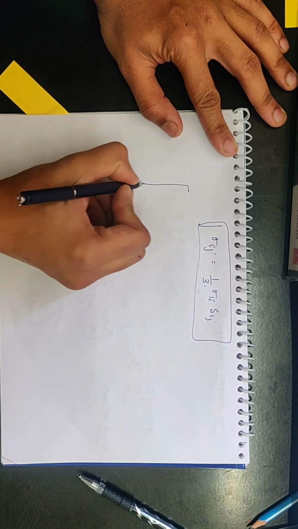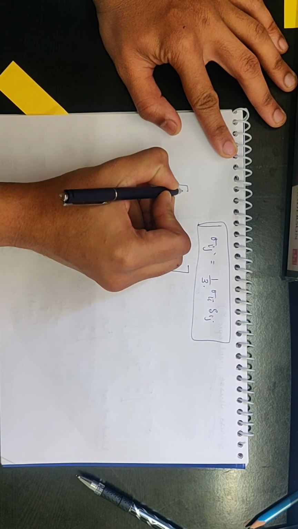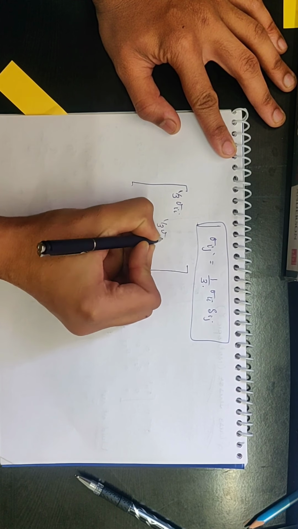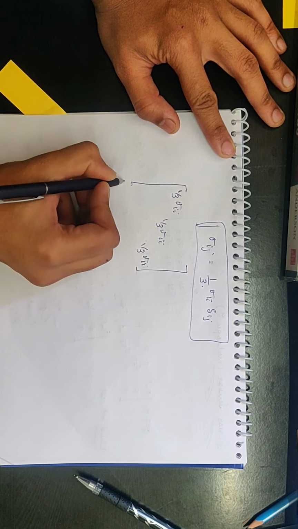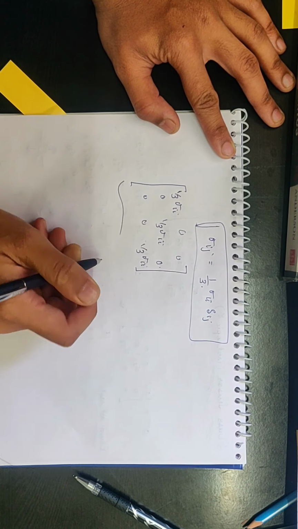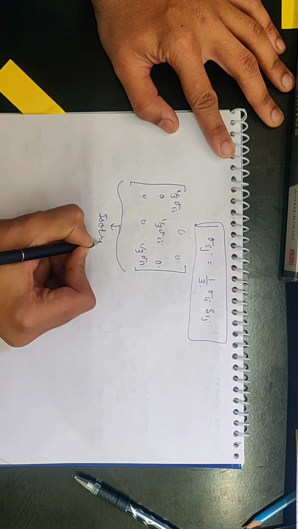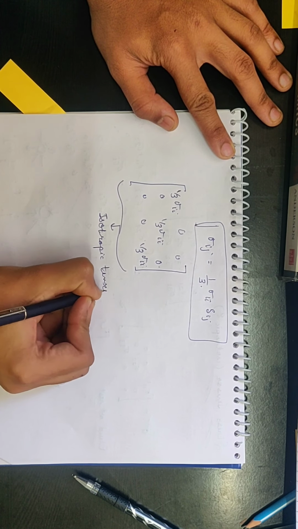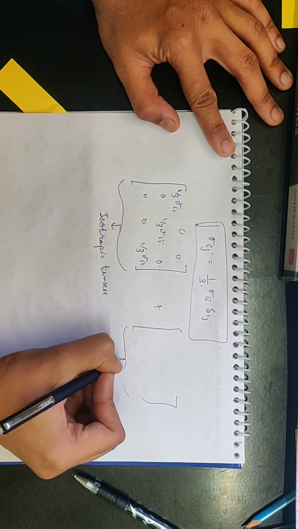So the two matrices that we defined earlier, the first one, with entries 1/3 sigma ii, is called an isotropic tensor, and the other matrix is called the deviatoric tensor.